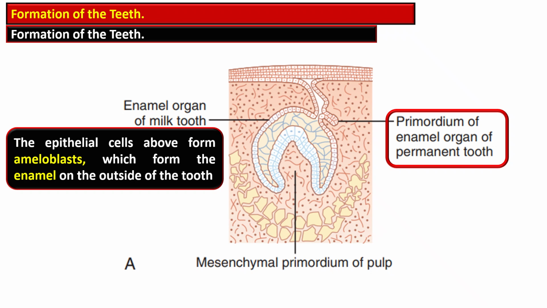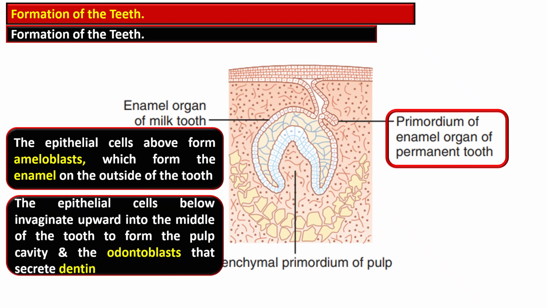The function of these ameloblasts is to secrete enamel on the outer surface of the tooth. Below the developing tooth, the epithelium invaginates upward into the middle of the tooth and forms the pulp cavity. That gives rise to odontoblasts, and they secrete dentin.